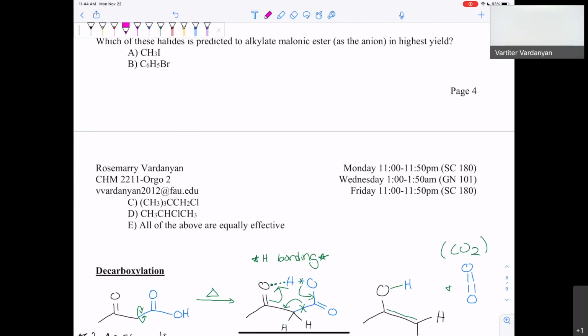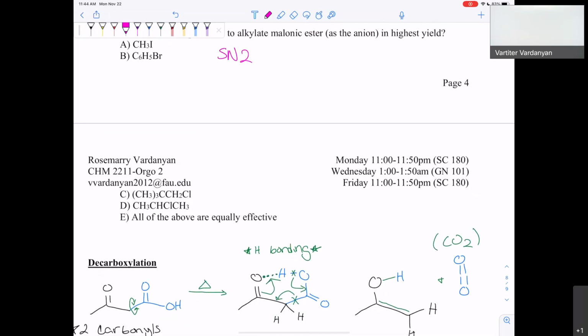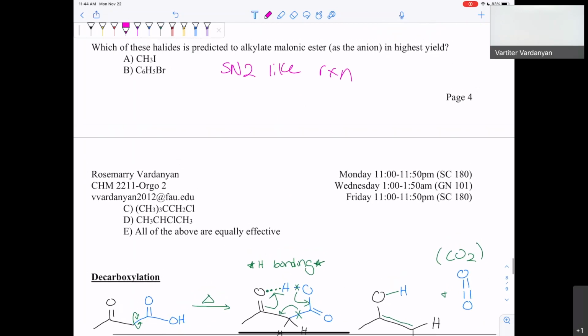So all of this is asking you is, in an SN2-like mechanism, what kind of electrophile do we want? So does SN2 want more or less branching and stuff? Less. So this wants less steric hindrance. So we prefer primary, and then secondary, and then tertiary.